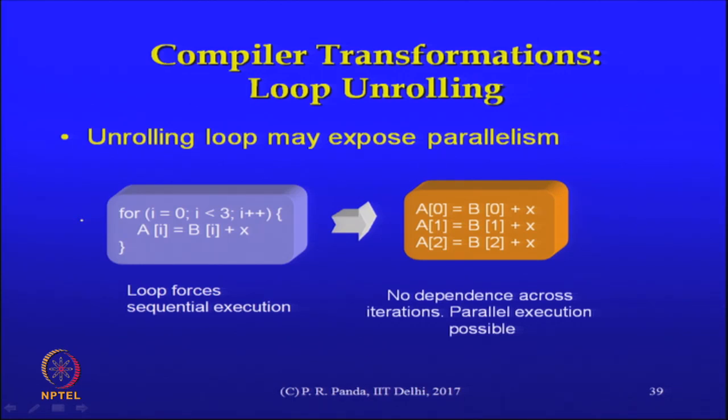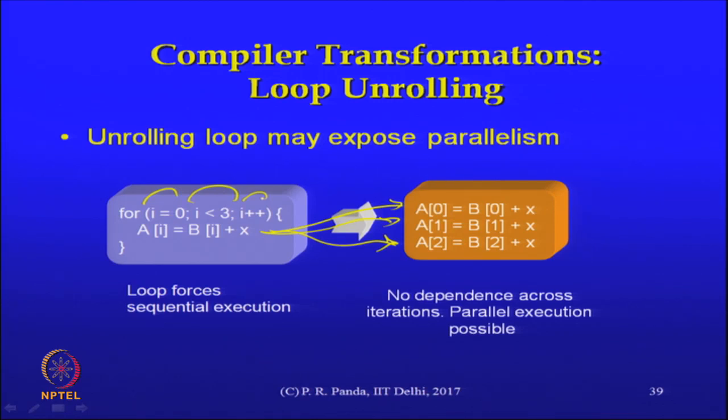Conceptually, it is actually very simple. You just blow away the enclosing condition, the loop and the condition and the iteration, and directly copy that loop body over into what we have on the right. The unrolling can be done as long as you are able to resolve these conditions properly, the initial condition, the final condition, and the updating of I. As long as you could do that statically, that is, you are able to see how many iterations you are going through and the value of I in each iteration.